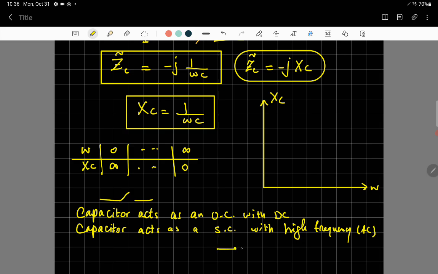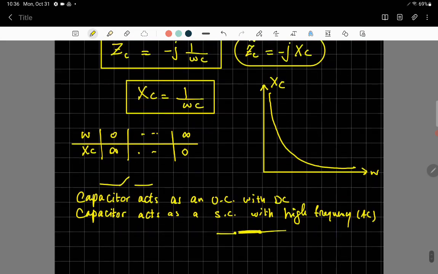So in AC, it will be like a closed switch. So how do we draw this relationship? At omega equal to 0, it's infinity. So at 0 it comes from a big value and then decreases when it reaches high frequency. So the reactance is inversely proportional to the frequency, and also inversely proportional to C.